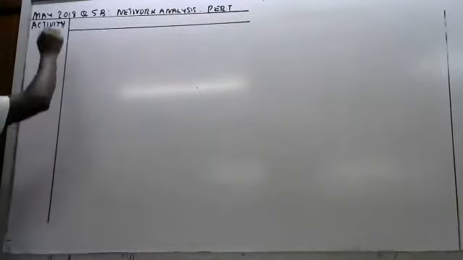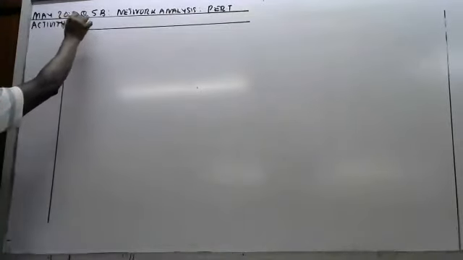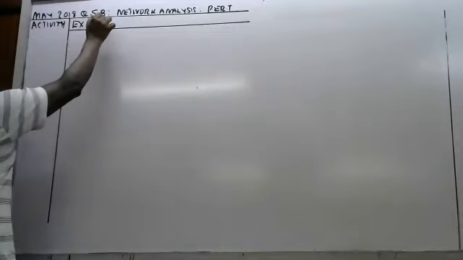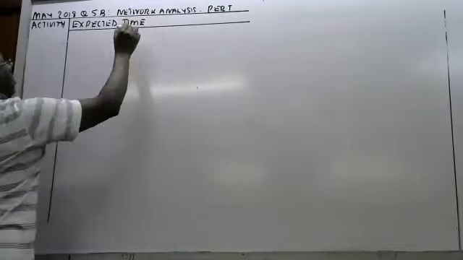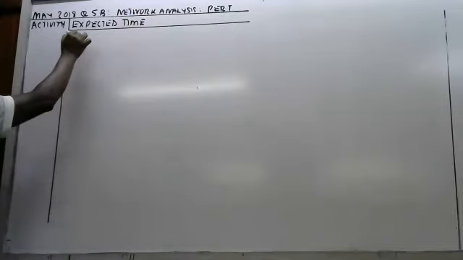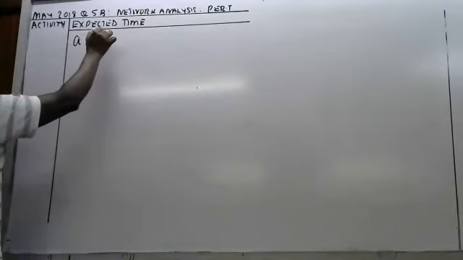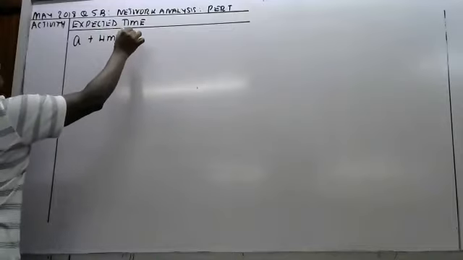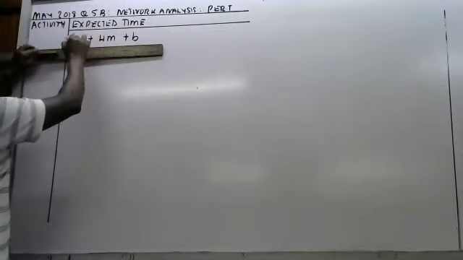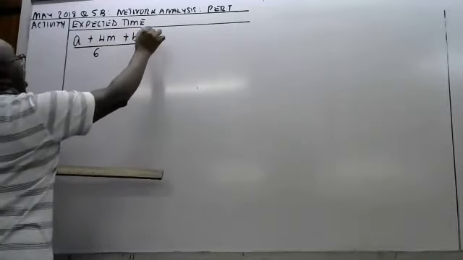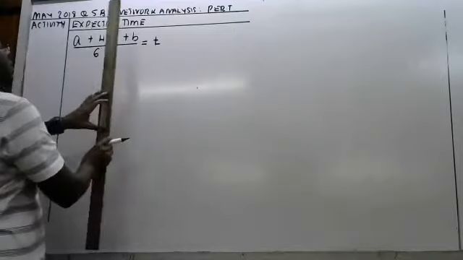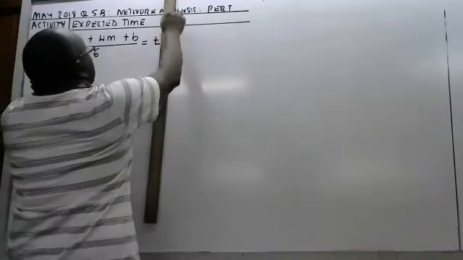Now for each activity, we compute the expected time, which is given as a plus 4m plus b, you divide by 6, and we normally designate it as t.